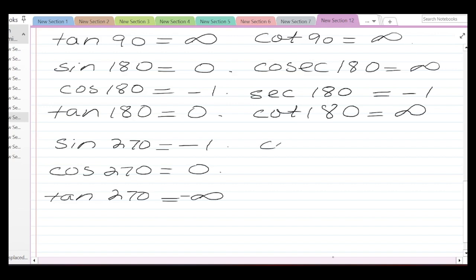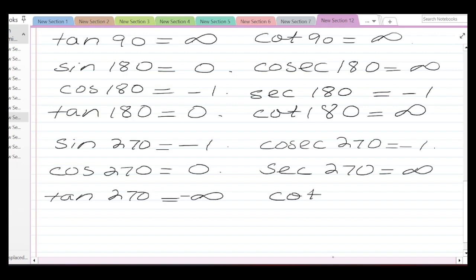After that we will find the cosec of 270. So the cosec of 270 is equal to negative 1. After that we will find the sec. So the sec of 270 is only undefined, and then the cot of 270 is equal to negative undefined again.